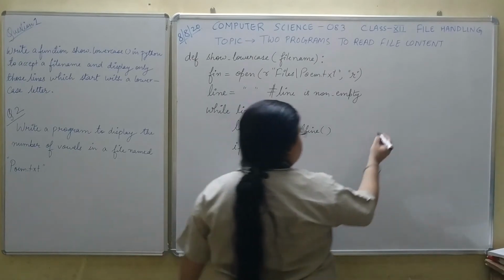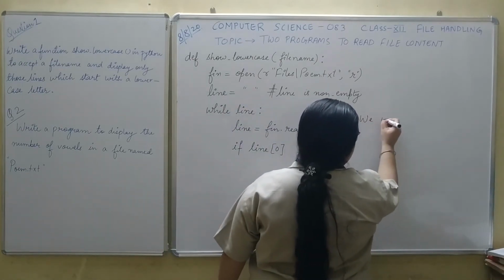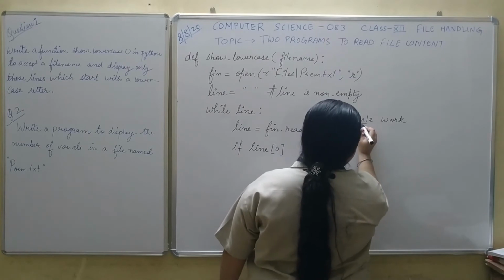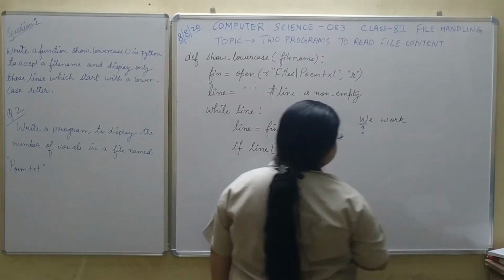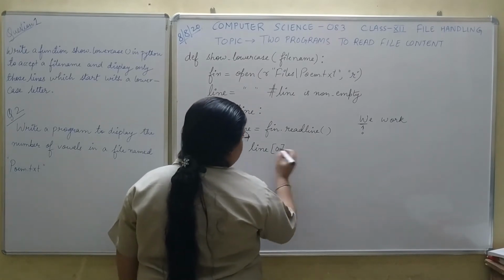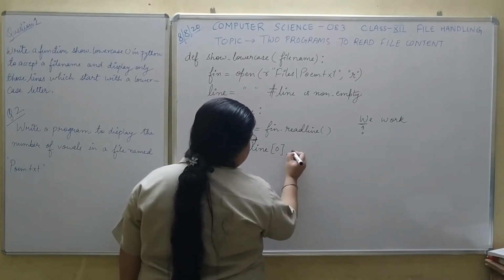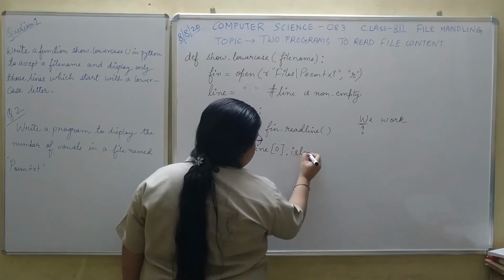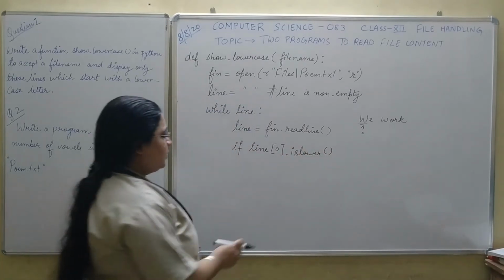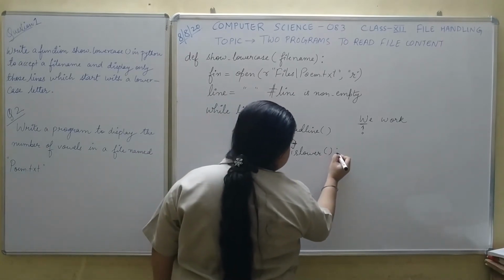If we have the lines like this, you can see over here. So the first letter is what? It has the index 0. So is it a lowercase letter? So how to check that? Dot islower. So we will just use this function islower.